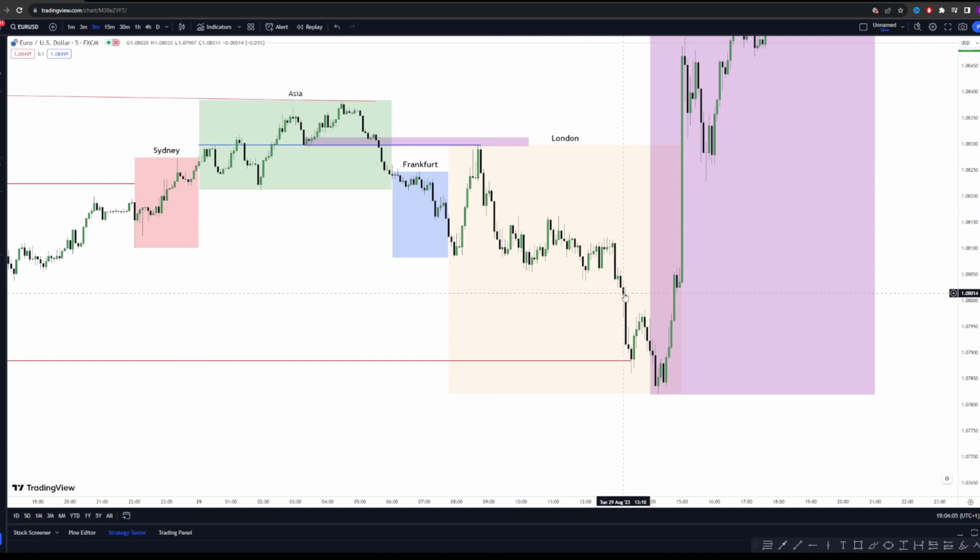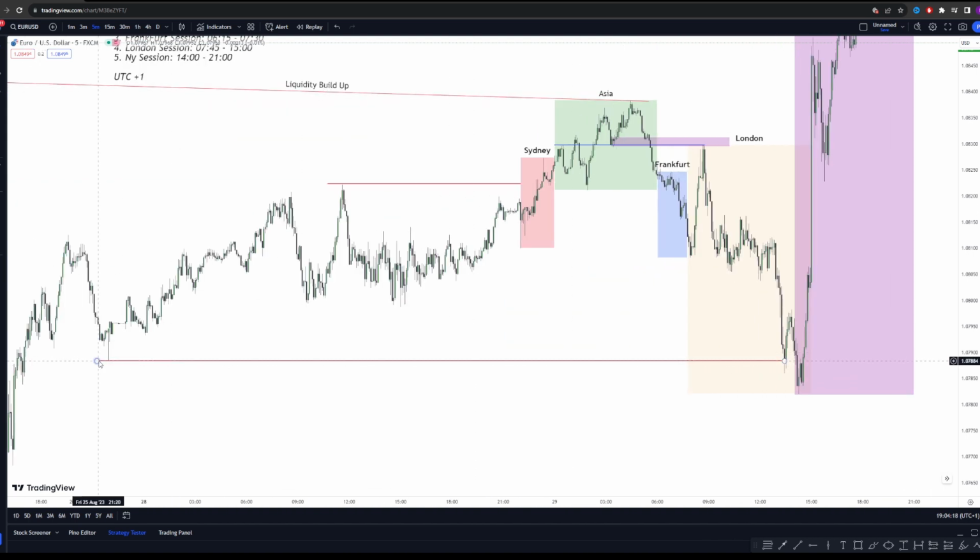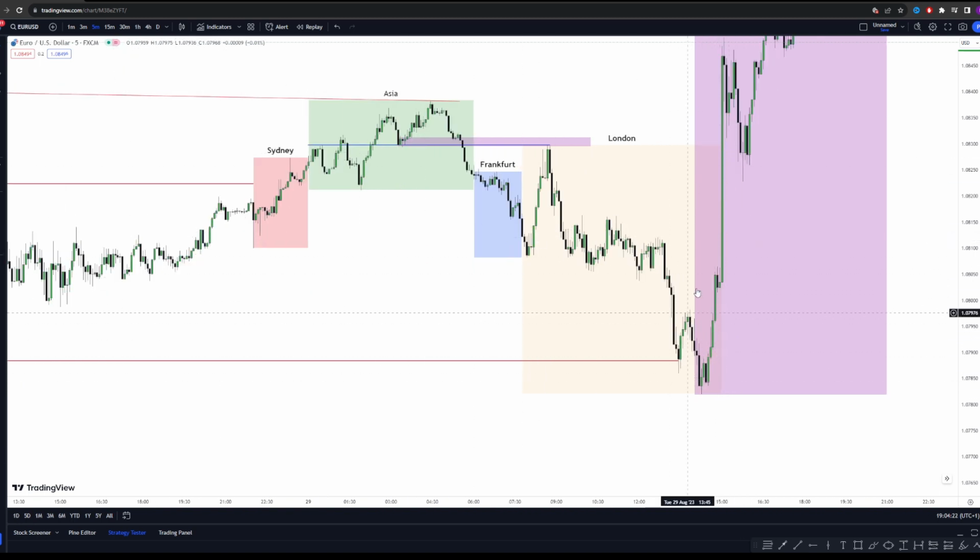And we finish off the range, and the New York session comes in, takes out the London low here, right? It doesn't leave too much room for thinking, takes the London low below a sell-side liquidity pool, as you can see on the left, and automatically reverses for the London high and the Asian high that has been built up.